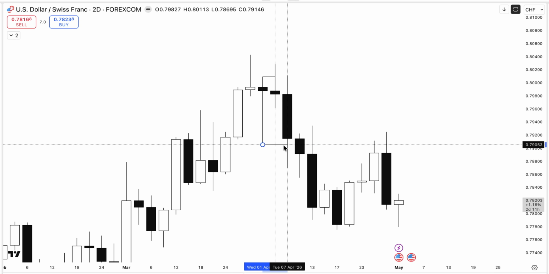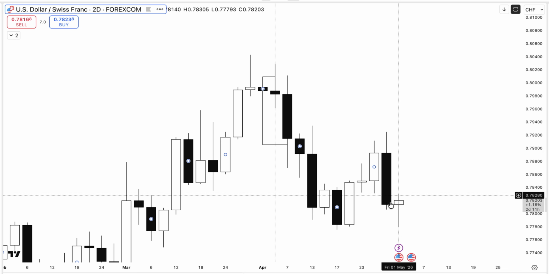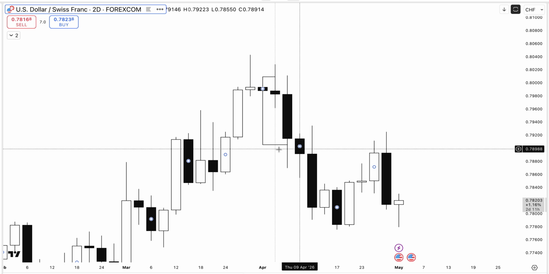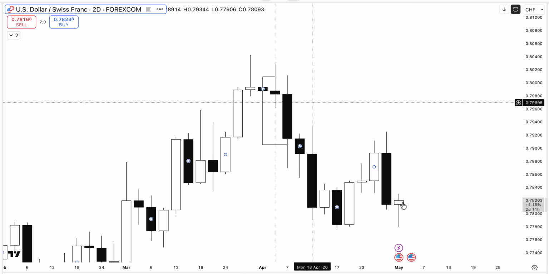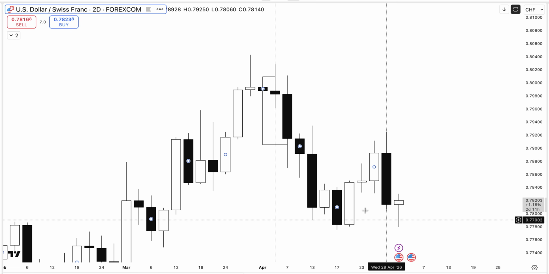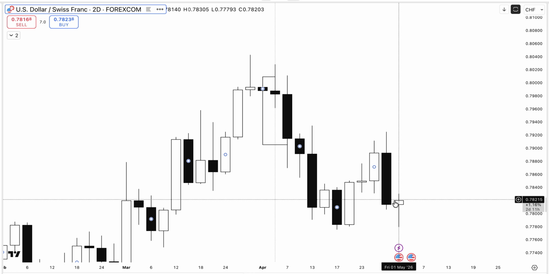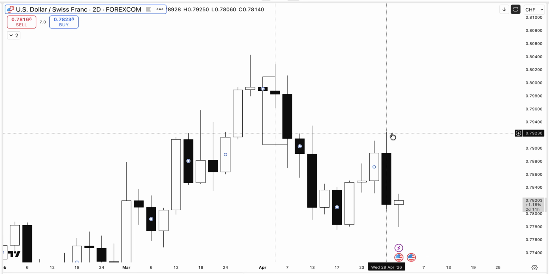So here where we're seeing this wick below right here, we can expect that since we're having a wick below this candle, if there's a clear defined range on the lower time frames, which there should be one, and this is looking like a rejection block, we can expect that price should come to this high, right?